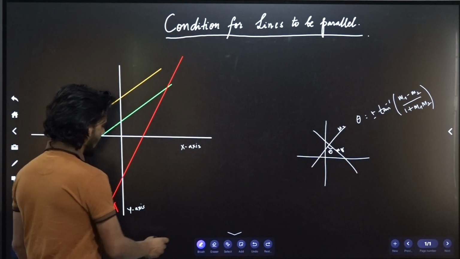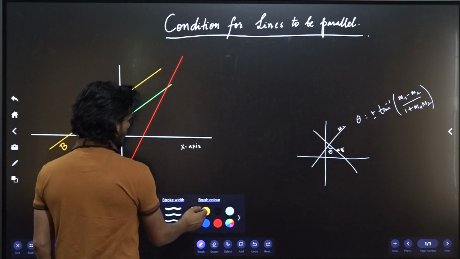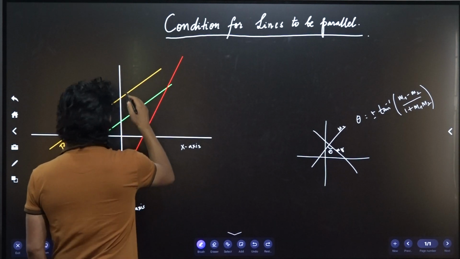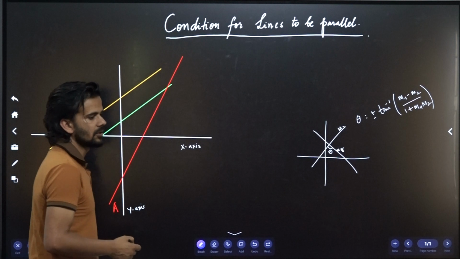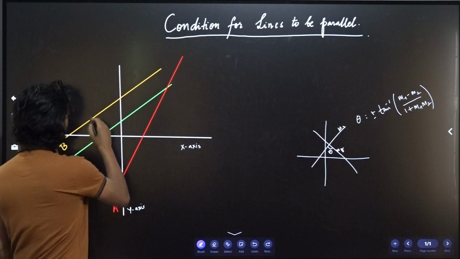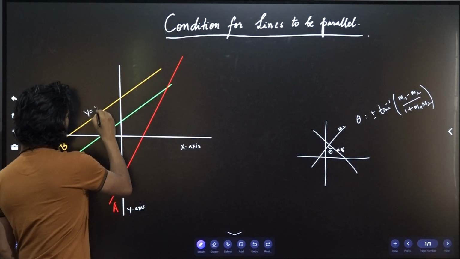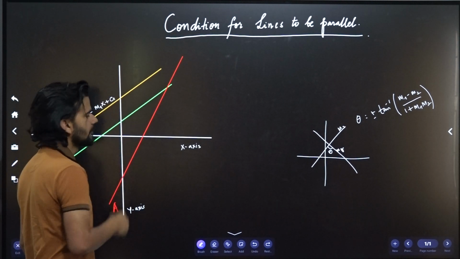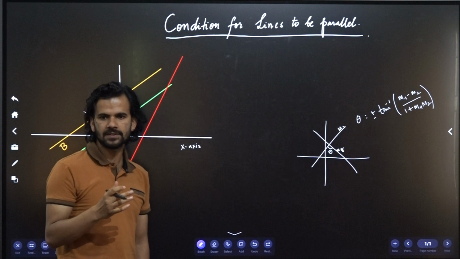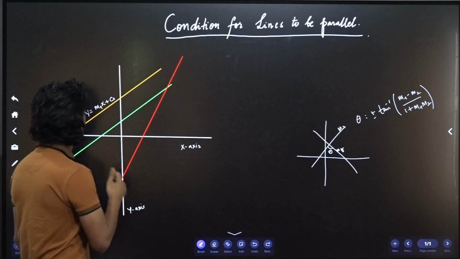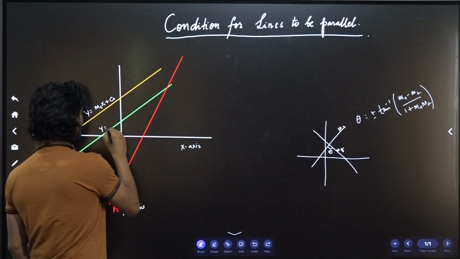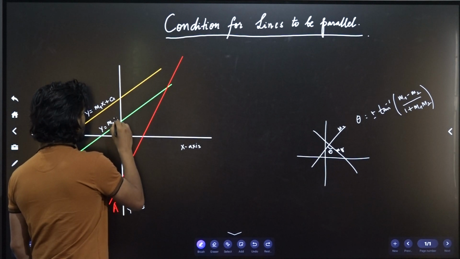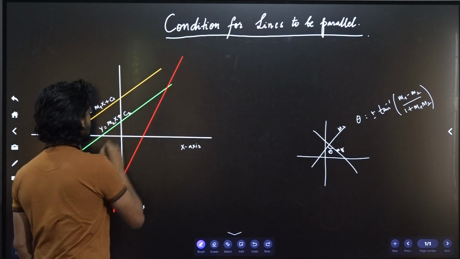Let's say now we have the equation of this line. What is the equation of this line? Of course, a line has an equation, so we can write it in the form y equals m1x plus c1. Similarly, for this line, y equals m2x plus c2.